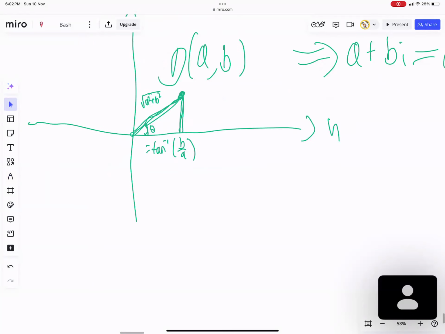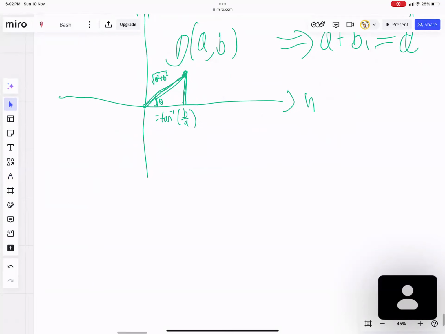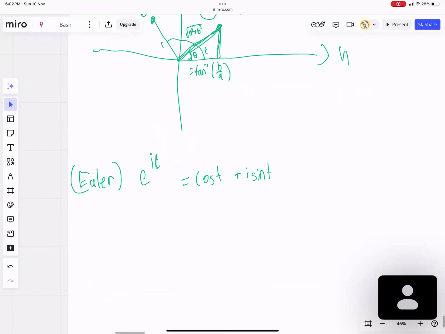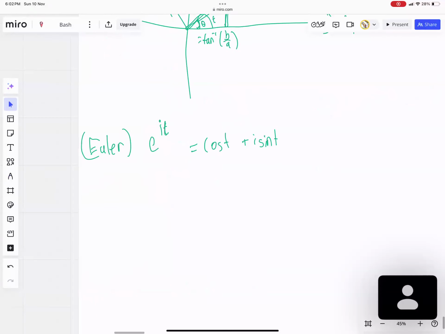And now there's a very important theorem of Leonhard Euler, that the complex number e to the i t is equal to cos t plus i sin t, which basically means that if you have the complex number with angle t and length 1, this thing will be e to the i t. Is everyone fine with this?